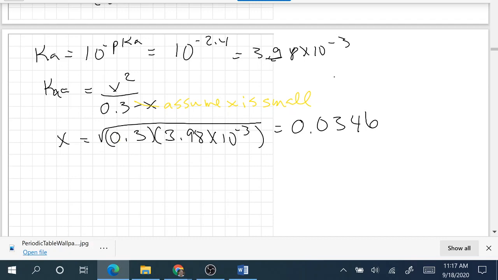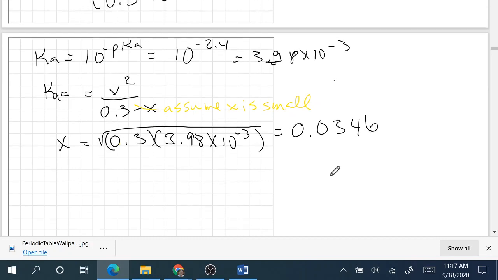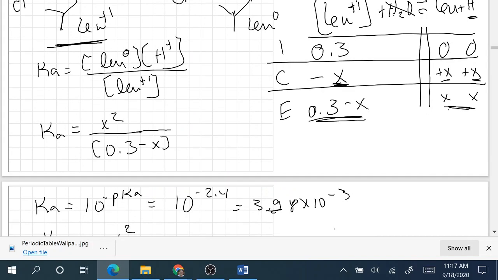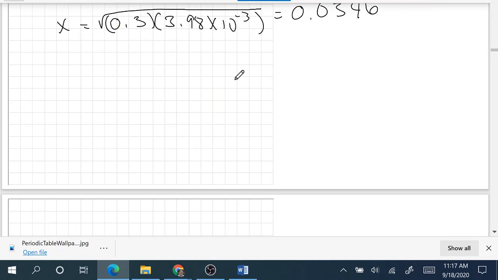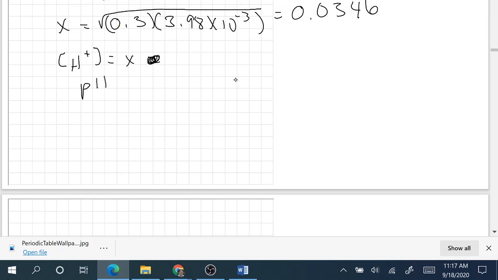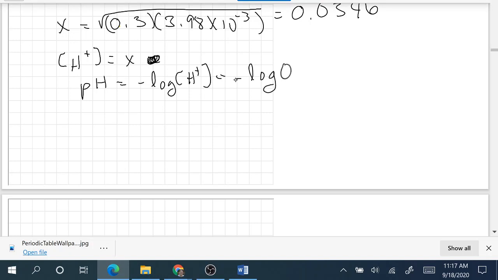And that is equal to 0.0346. So what is x? X is our H plus concentration. If you go back up here, x is our H plus concentration. So just like you did in general chemistry, we can say that pH is equal to the negative log of H plus, which is equal to the negative log of 0.0346, which is equal to 1.46.